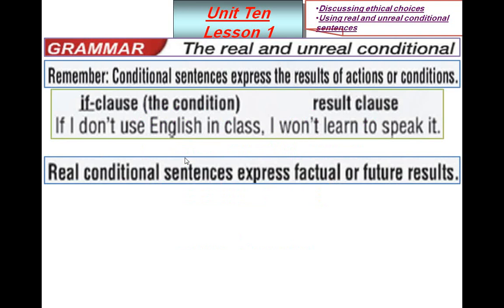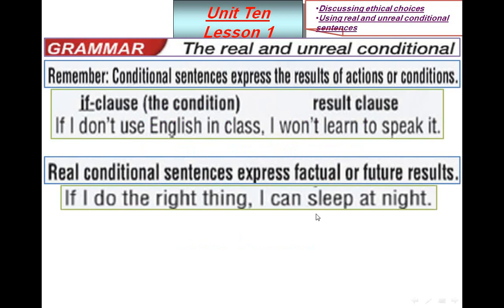Facts or future results. As we say, if I don't use English in a class, I won't learn to speak it. Here, the if clause is in the present simple, and the result is will plus the base form of the verb learn, but it's in the negative form.